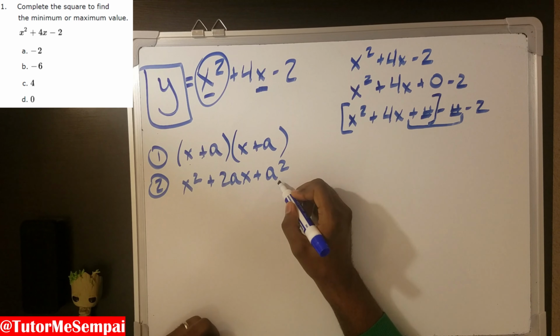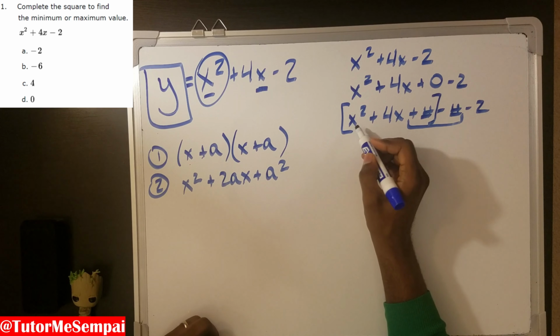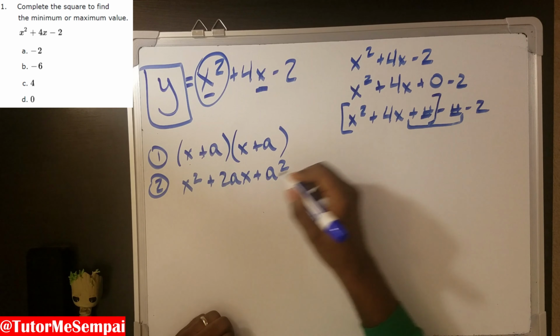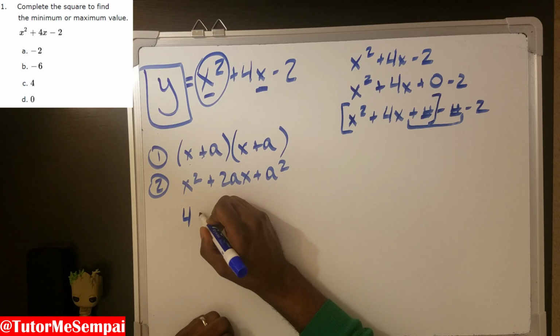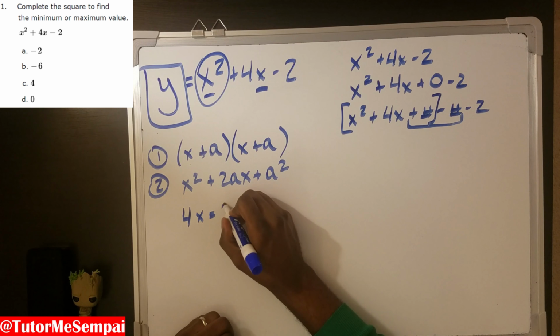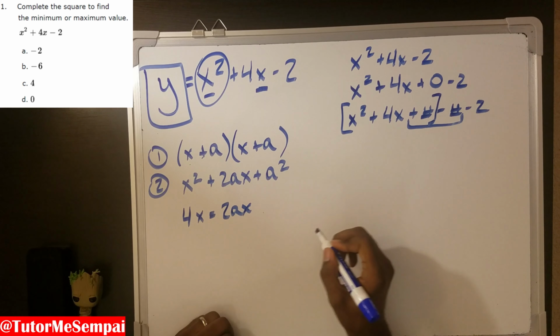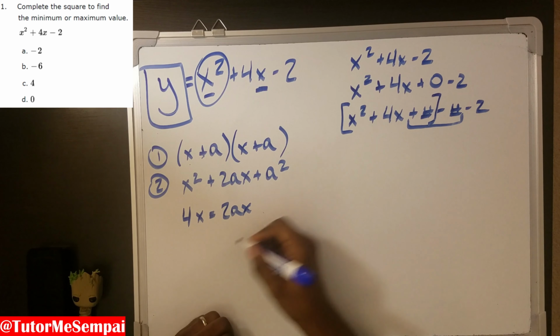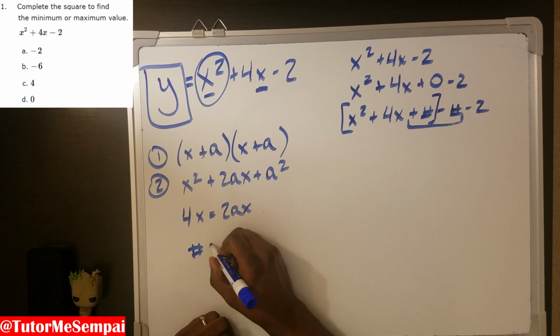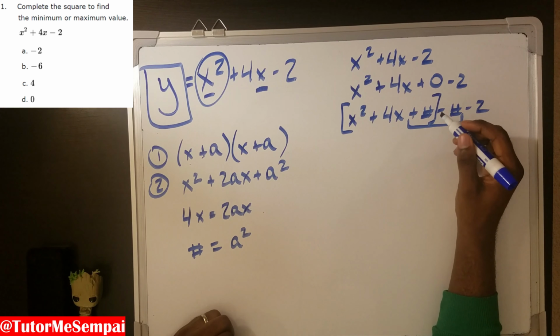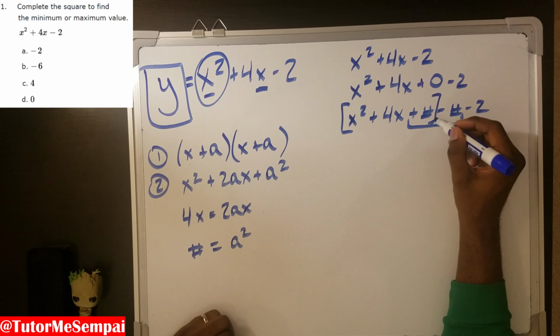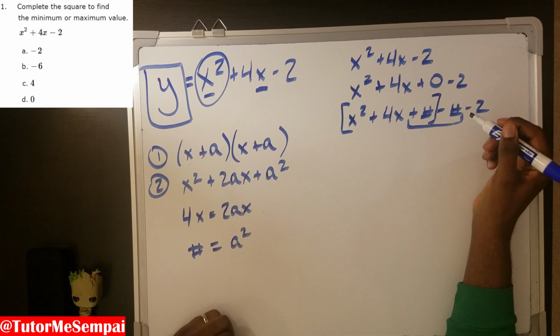So if we pair these up, x squared to x squared, 4x to this plus 2ax, so 4x equals 2ax, and this number, whatever that random number is, equal to a squared, we get a little bit more insight as to what these numbers potentially are.